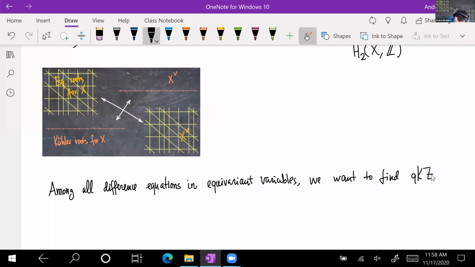That's what we started last time. So recall what the QKZ looked like.